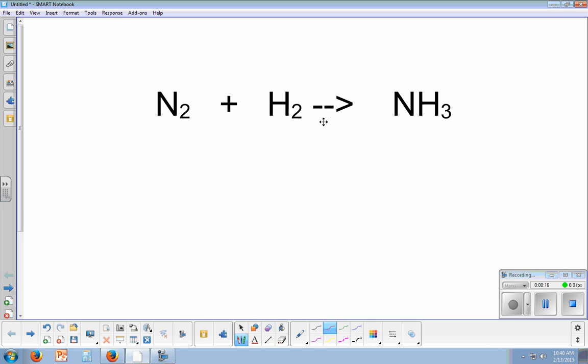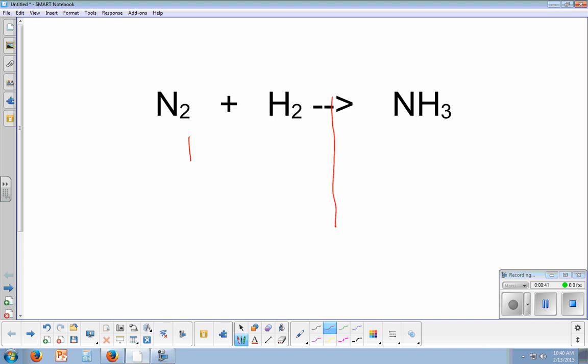So looking at this equation, you have nitrogen and hydrogen producing ammonia, NH3. If you want to balance, that means we need the same thing on both sides of this equation. So what we're going to do is start by drawing a line to split reactants from products. On the reactant side, we want to count how many atoms I have to start with.